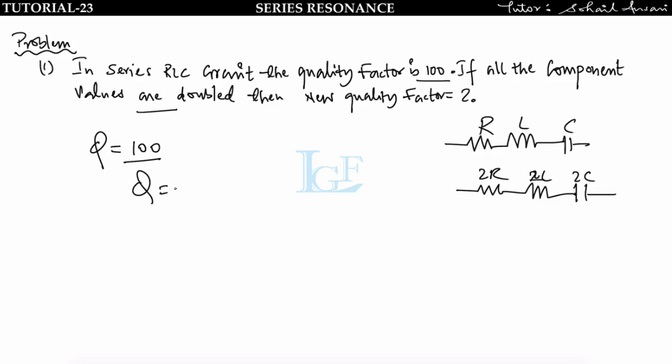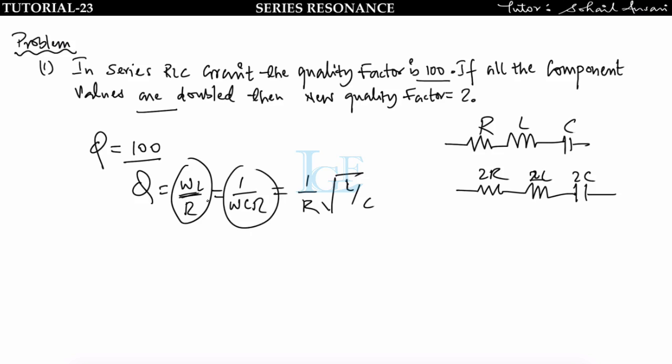We know that quality factor is equal to omega L upon R, that is equal to 1 upon omega CR, and that is equal to 1 upon R under root L by C. So we will not use the earlier equations, because they contain omega and we don't know the resonance frequency. So in order to find the new quality factor, we have to use this last formula, because the question is saying all the component values are doubled.